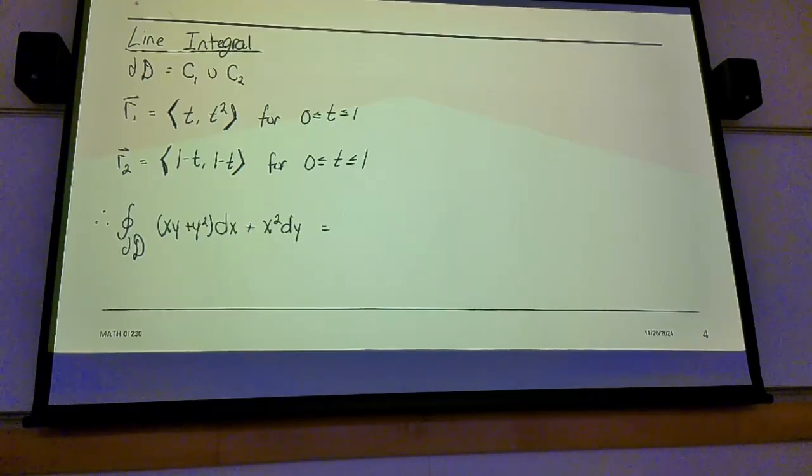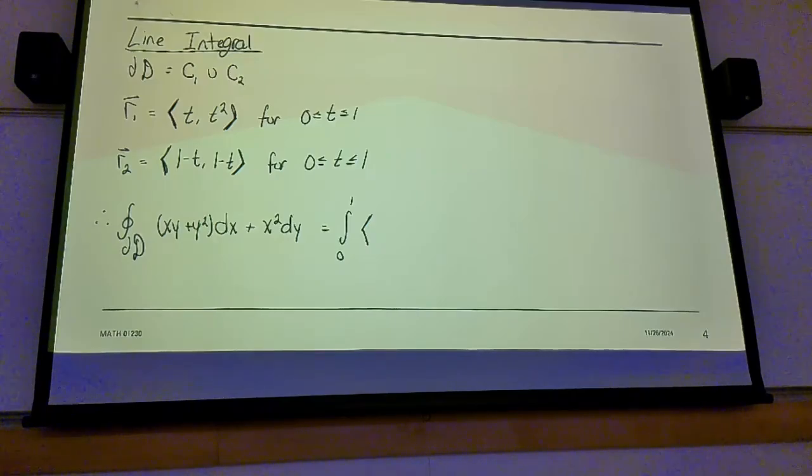Evaluate your vector field along the parameterization. There's two paths, which parameterization are we going to do it for? This is for r1, the first one.